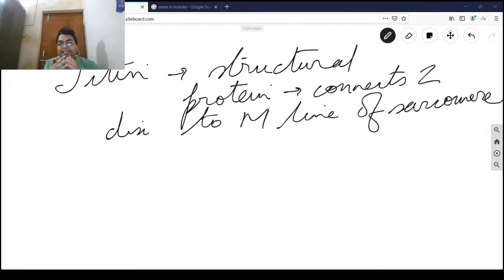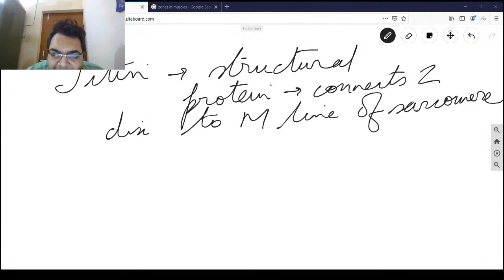Otherwise the myofilaments can dissociate from each other. So when the Z disc is connected to the M line, now you know what the M line is already. The M line is at the center of the H zone, and the Z disc is the narrow plate present at the center of the I band. So Z disc and M line, when they are connected, means what?